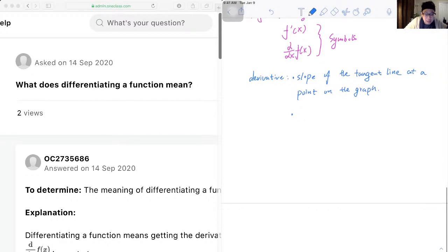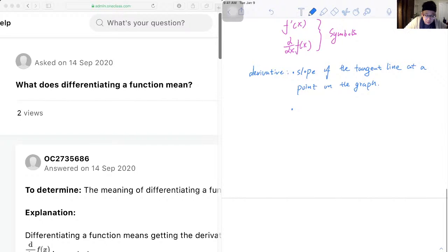Second point, it is showing the rate of change of a function at the given point.